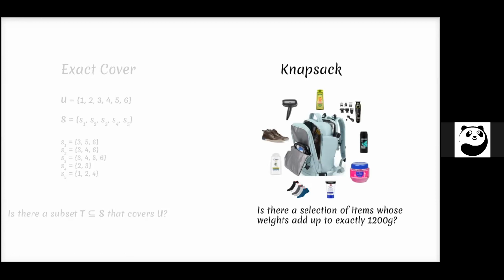By the way, speaking of knapsack, if you have used it before, because it's a very common problem, you may have heard that it has a pseudo-polynomial solution, meaning it has in practice a very fast solution, which is true, but it's only seemingly true in the practical cases.